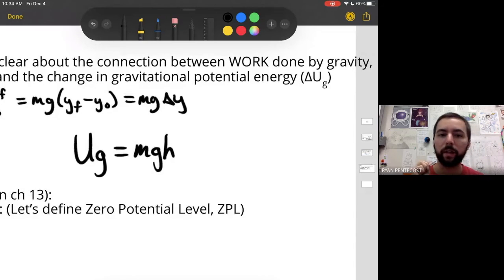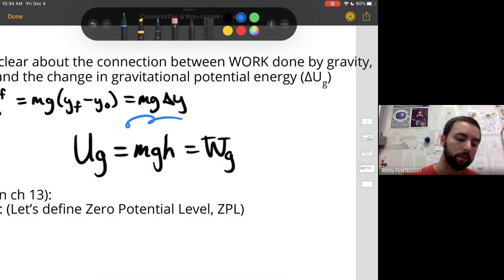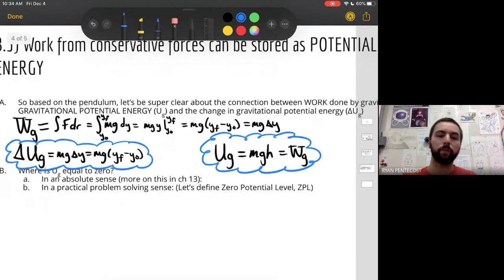It has a set height at a set instant, and that is the work done by gravity at that instant. That is also very important. That's the relationship that we have between the change in potential energy and the instantaneous potential energy.